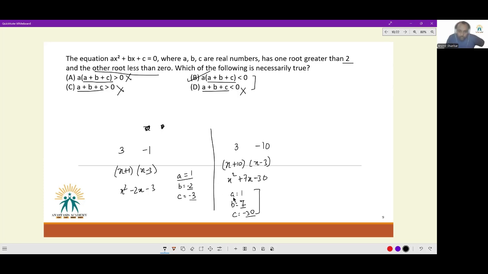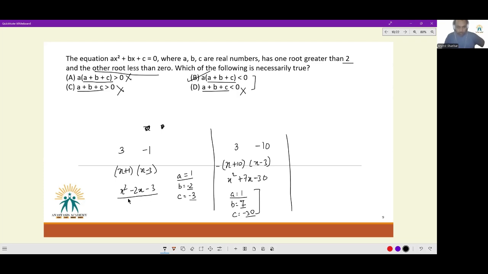But in both our processing, we have seen a turning out to be 1. Is there a way in which I can make a turn into a negative number? Very much so. I can do it by simply adding a minus sign at the beginning.